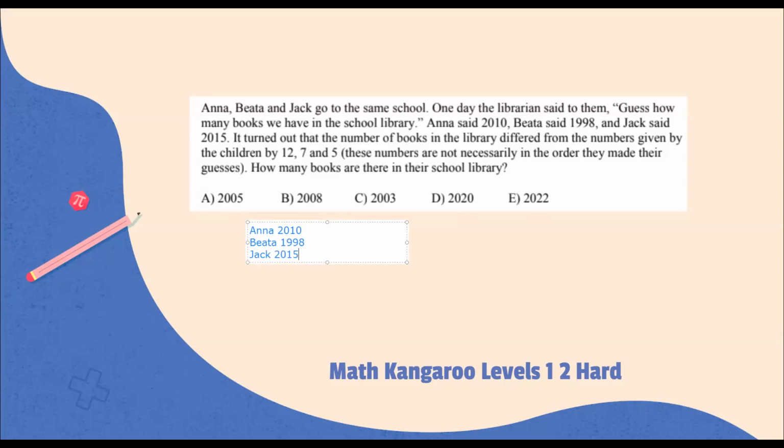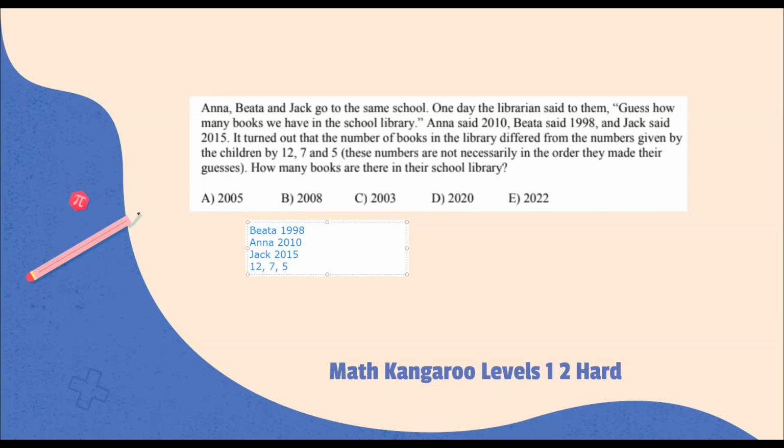And then since this is a limits problem, it's about kind of like distance from each other. I'm gonna actually put them into order from lowest to highest. And then the librarian says that they differ by 12, 7, and 5.